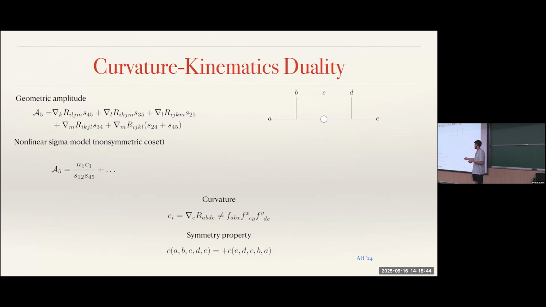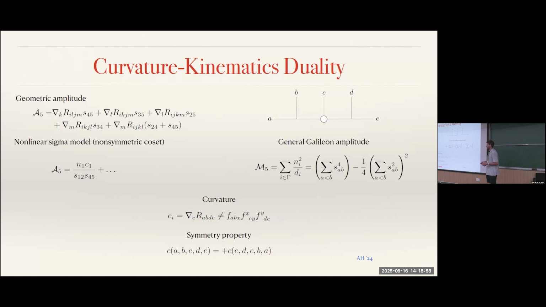While if you have this covariant derivative of the curvature and do the same permutation, you pick up a plus sign. And this different sign allows you to find a non-zero solution to these sets of constraints, and you get a new curvature-kinematic dual amplitude. And if you double copy it, replacing curvature by kinematics, you get this other theory, which is the general Galileon amplitude. So far, not folded into this paradigm of double copy.